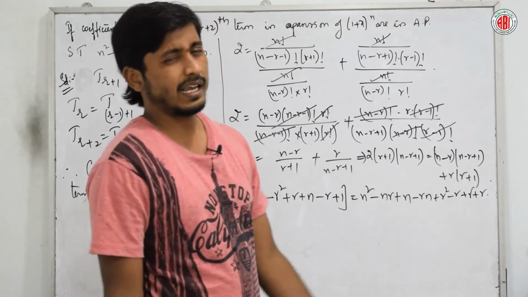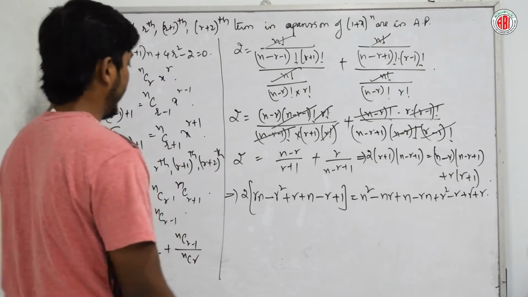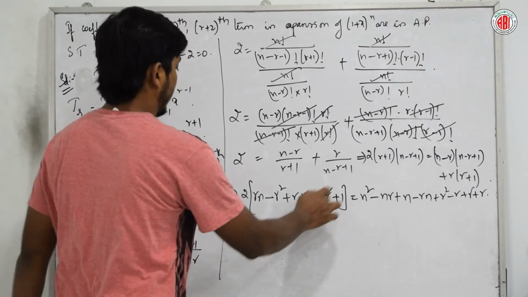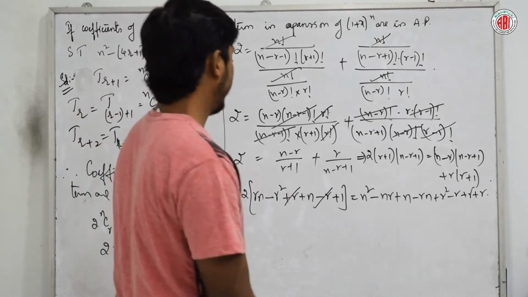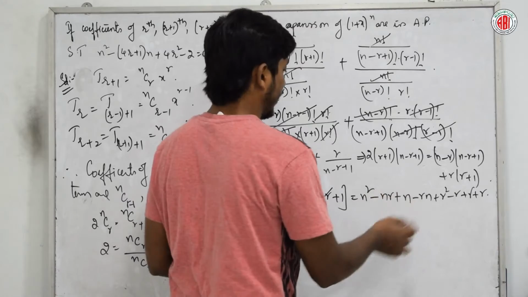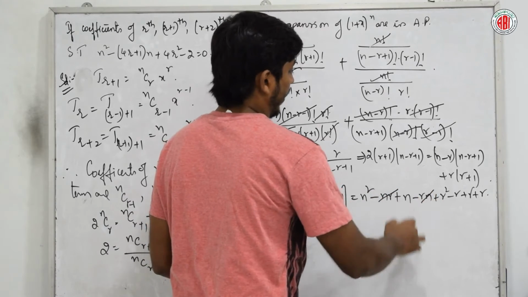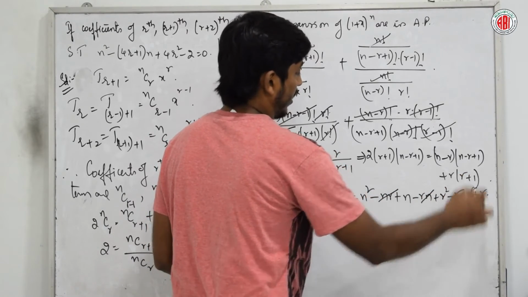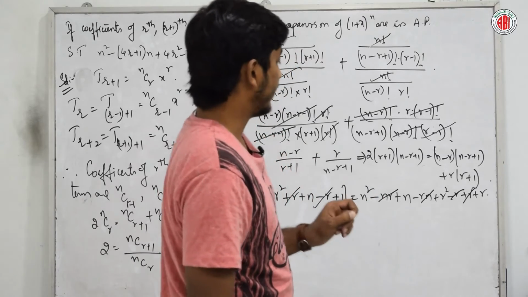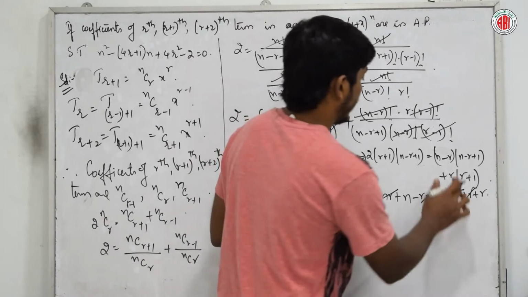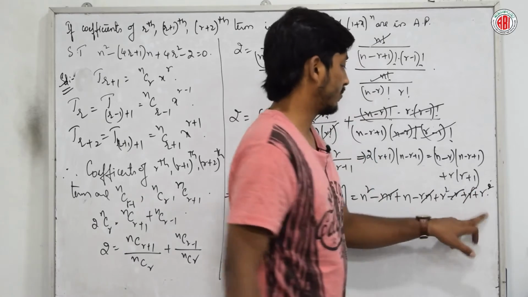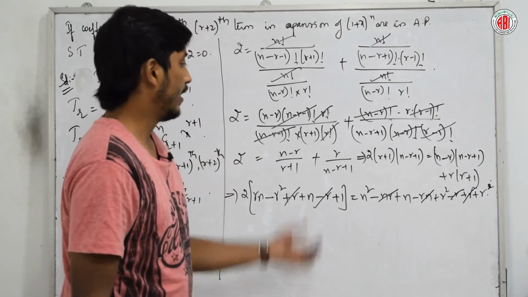Isn't it? Check if something is getting cancelled here. Rn minus r. Done. Next here nr, rn. Here 1r are getting cancelled. Isn't it? Here one is r square and one more is r. So r and r are getting cancelled.